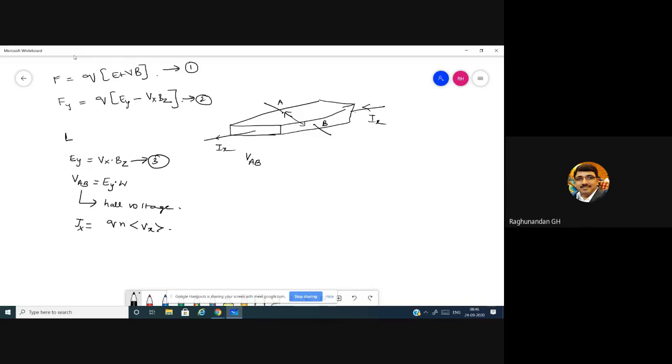Here I have taken it as plus Q because we are talking about holes. I told you, you can consider holes for derivation, or you can consider electrons for derivation. Here I have considered holes because I am considering the positive charge carriers, a p-type material.